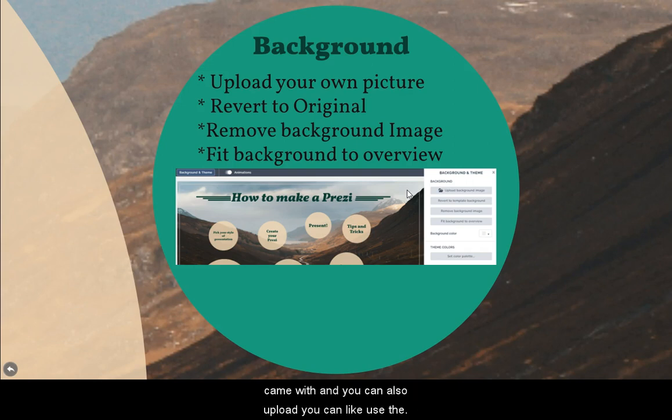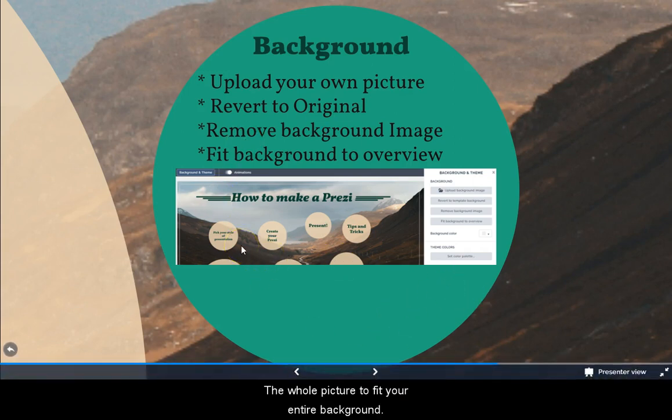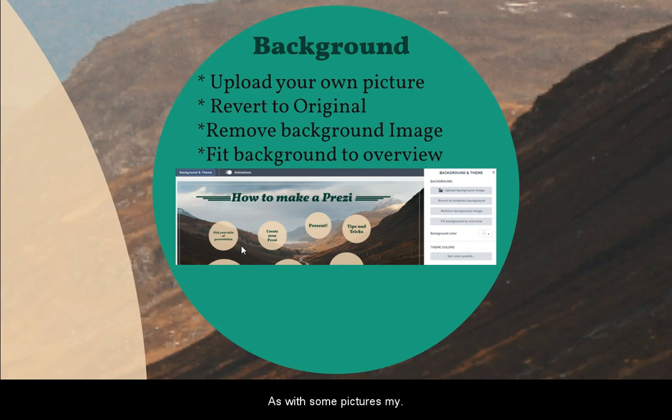You can also use the URL of a picture that you find online for the background if you don't have it saved to your computer. And you can also fill in the whole picture to fit your entire background. Some pictures that you pick up might have a little small size automatically, so you can always just hit fill background and it'll fill it completely.